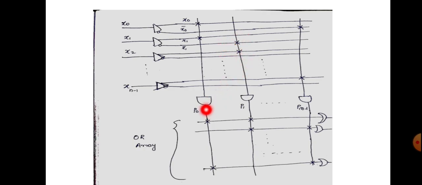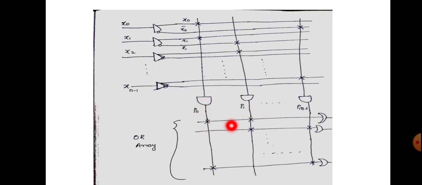Okay, so then the output of this AND array will be given to the OR array, so that P0, P1 and Pm minus 1 are drawn vertically down, and we will be programming it with the help of the OR array. That means an OR gate is given here. We are drawing the AND gate and OR gate with a single input, and we have to indicate the cross mark for the particular input.